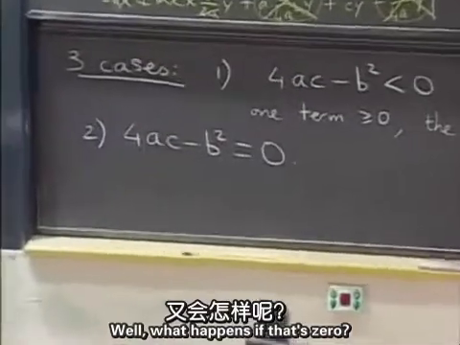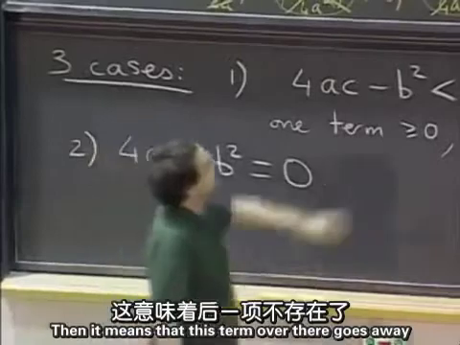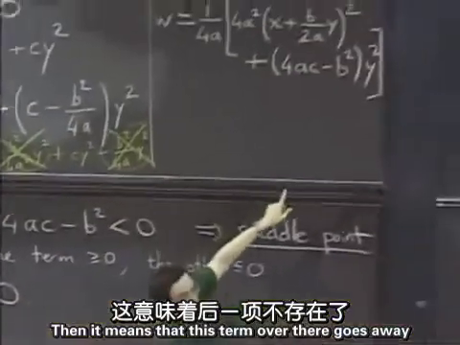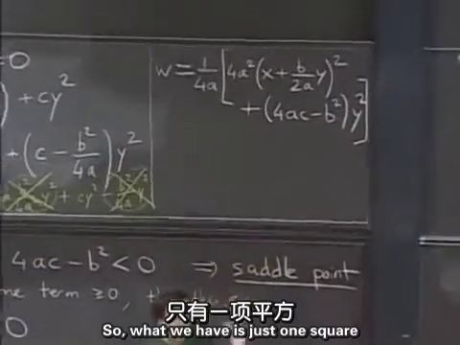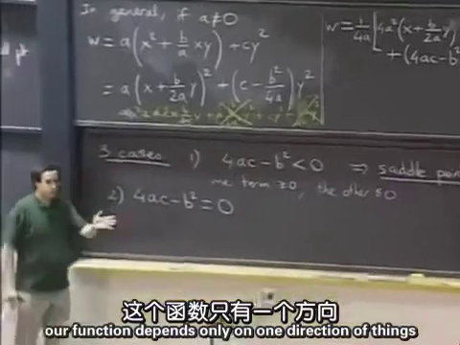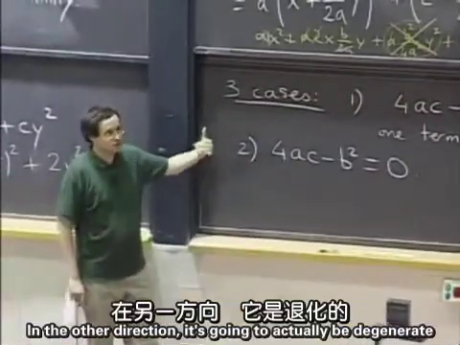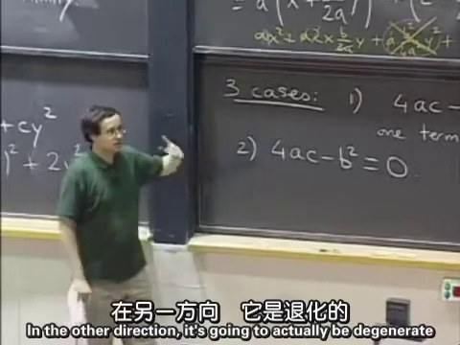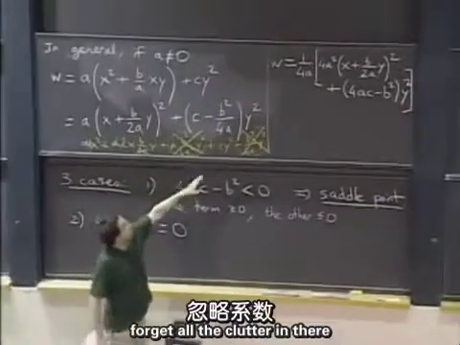Well, if that's 0, then this term over there goes away. So what we have is just 1 square. So what that means is that our function depends only on one direction. In the other direction, it's going to be degenerate. So, for example, forget all the clutter in there.